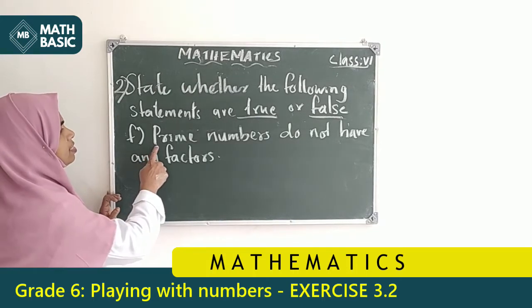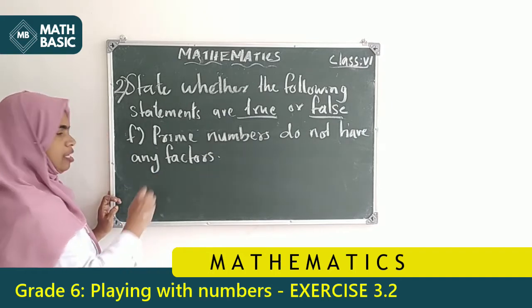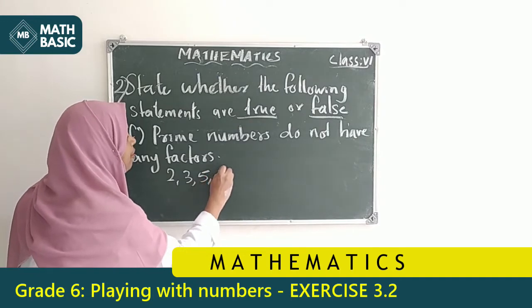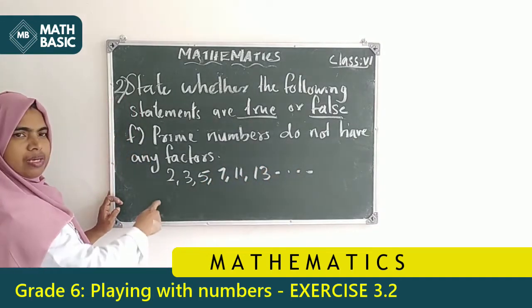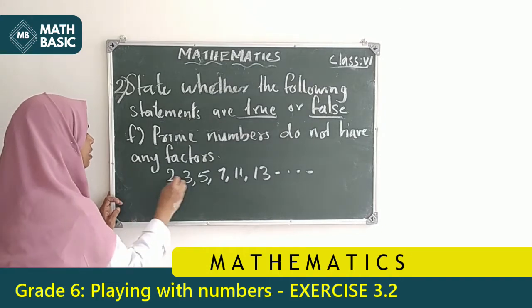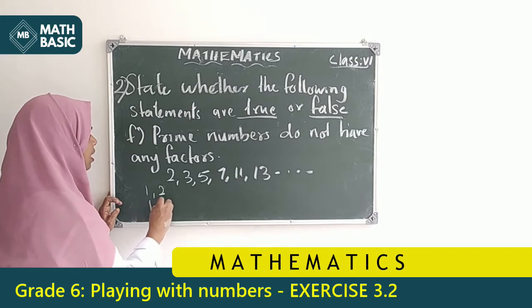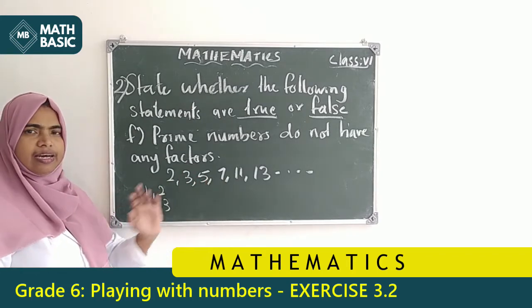F. The statement is prime numbers do not have any factors other than 1 and the number itself. The prime numbers are 2, 3, 5, 7, 11, 13, etc. The factors of 2, that is 1 and 2. Factors of 3, 1 and 3. Factors of 5, 1 and 5, like that.